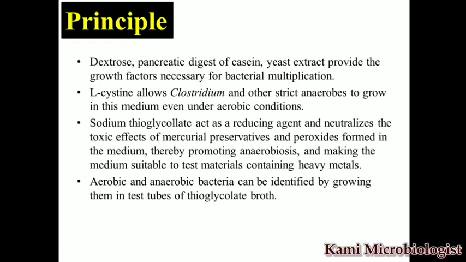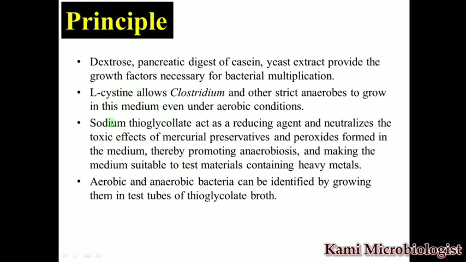In this media, even under aerobic conditions, we need L-cysteine. Next we need sodium thioglycolate. This thioglycolate acts as a reducing agent, and it can neutralize the toxic effect of the mercurial preservative and peroxide formed in the media, thereby promoting anaerobes and making the media suitable for testing materials containing heavy metals.